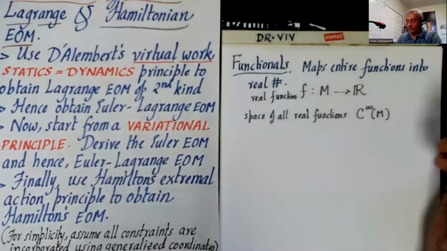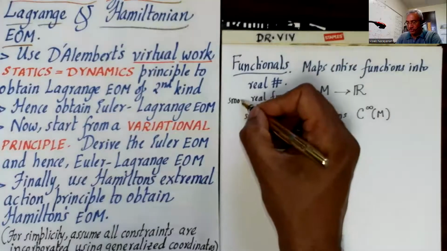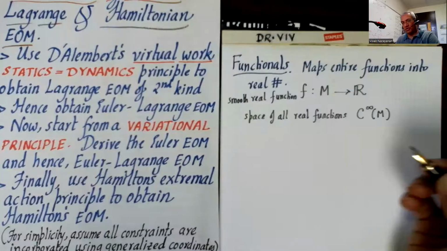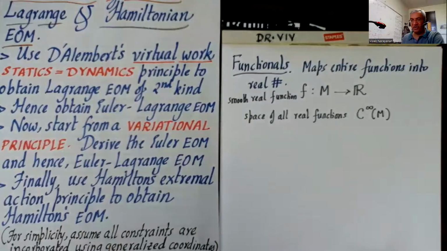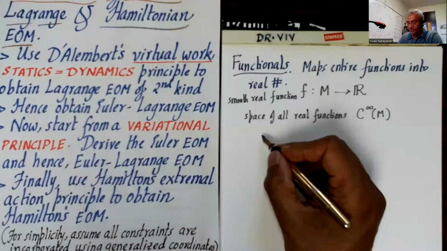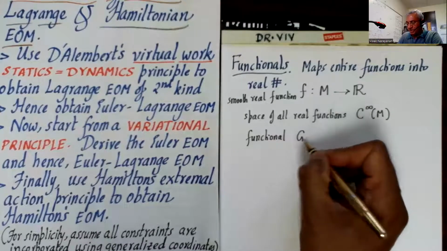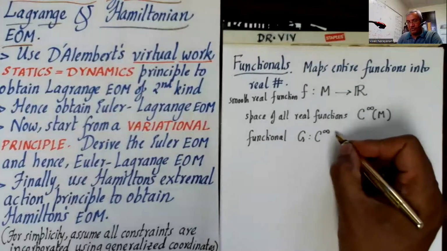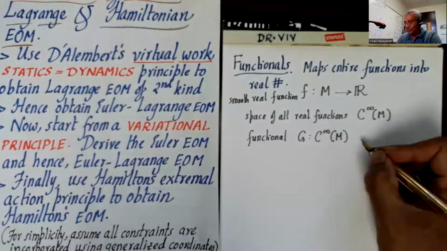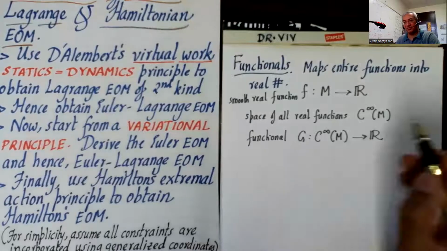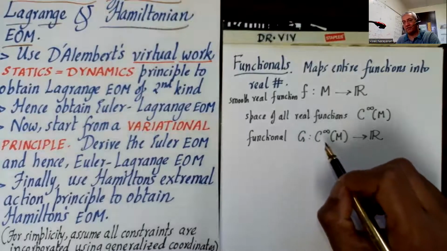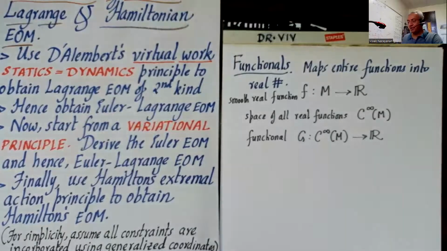We're only going to look at smooth real functions for this exercise, even though you don't really need smooth. It's enough for the second or third derivative to exist. For simplicity, we'll consider it to be smooth. So you take the space of all real functions, and your functional, which I'll call G, takes you from the space of all functions to the reals. This is what I mean when I say a functional maps entire functions to real numbers.